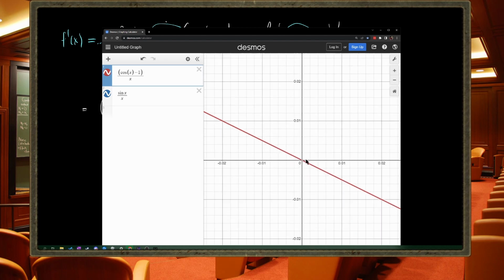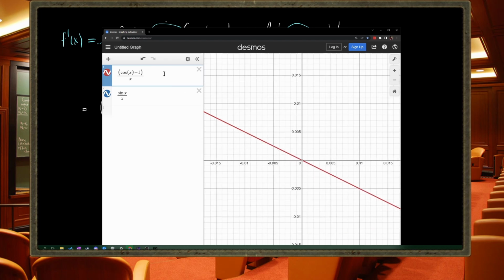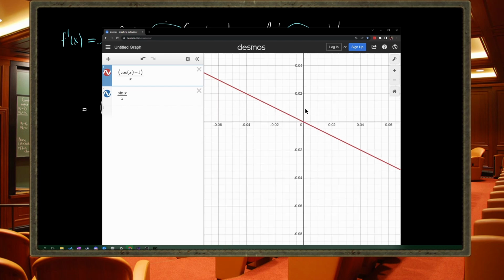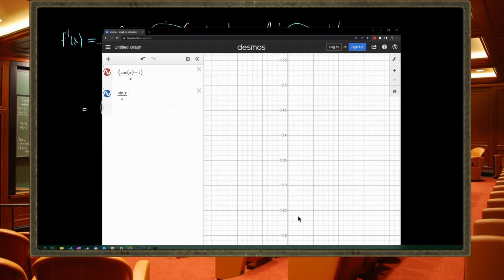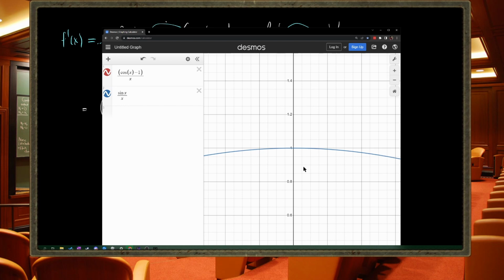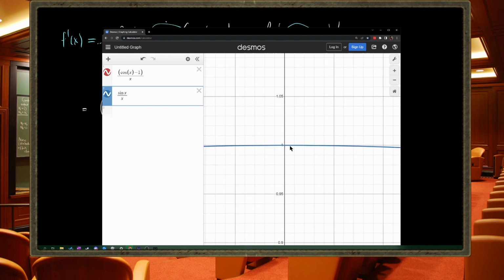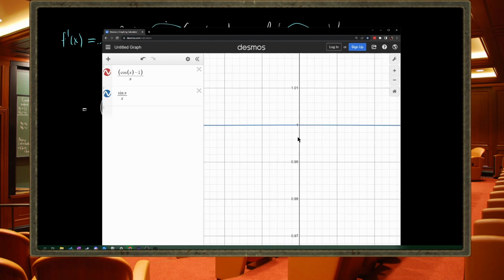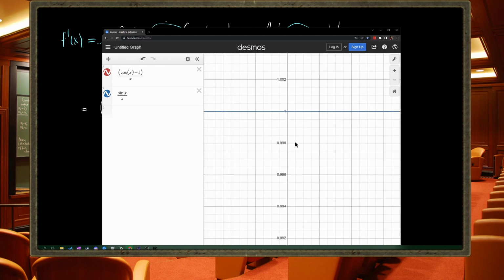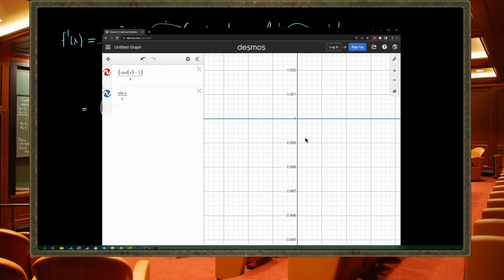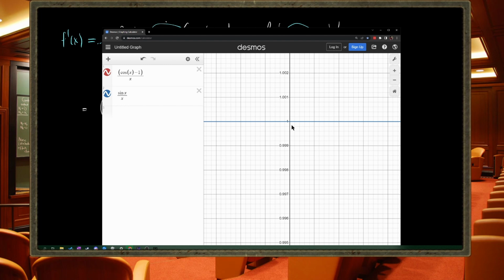The further I zoom in, we see that this limit is actually approaching 0. And the same thing is the case for this limit up here. The function itself is undefined at x equals 0. But as I zoom in and we take the limit numerically, it is unassailably going to 1, right?